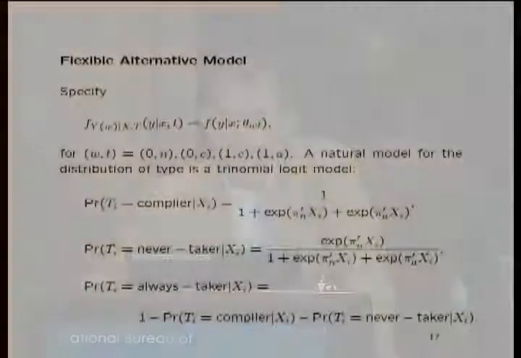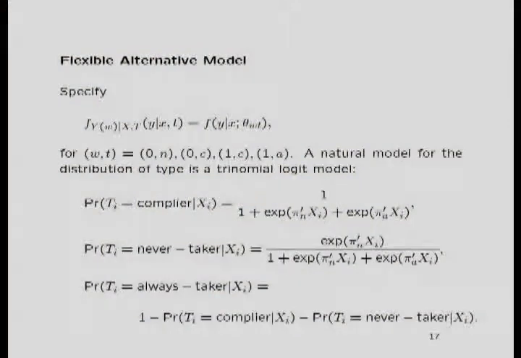And there it's very credible that compliers are a relatively more highly educated group who may have higher earnings potential than either of these other groups. And this setup where the compliance types are always ranked in this particular way wouldn't allow for that type of correlation.